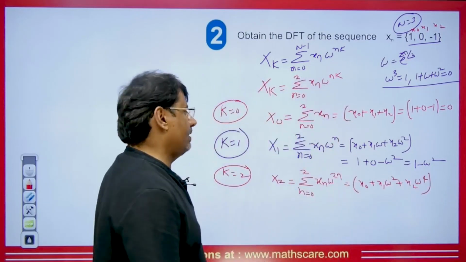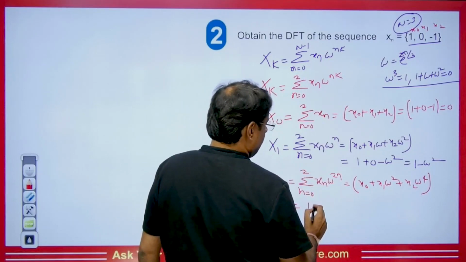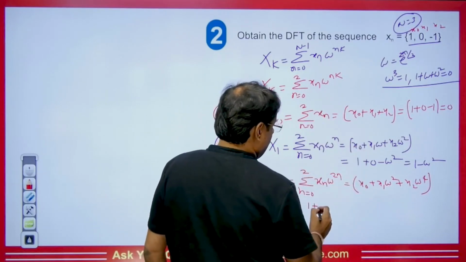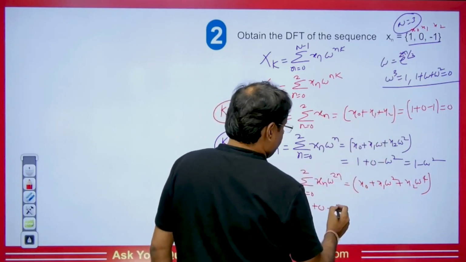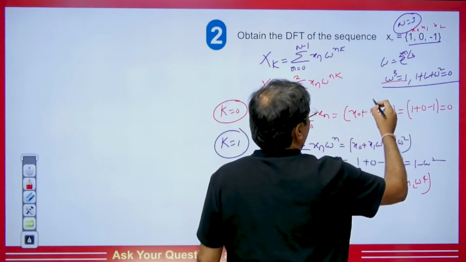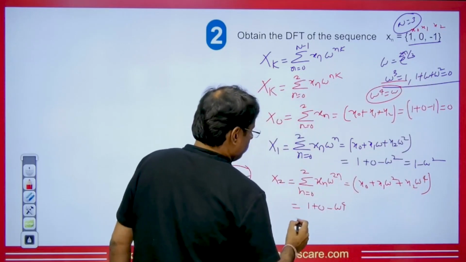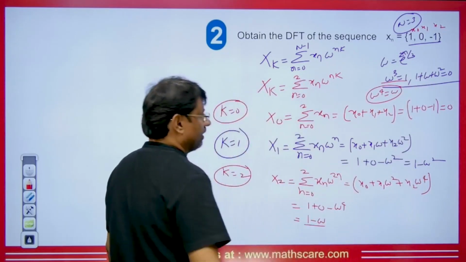Clear? Now we will put the values: x0 is 1, x1 is 0, and x2 is minus 1. So it will be minus 1 times omega to the power 4. We know omega cube is 1, so omega to the power 4 will be omega. From here, we get the value of this as 1 minus omega, right?